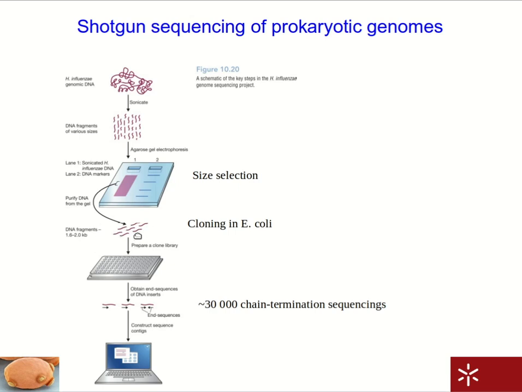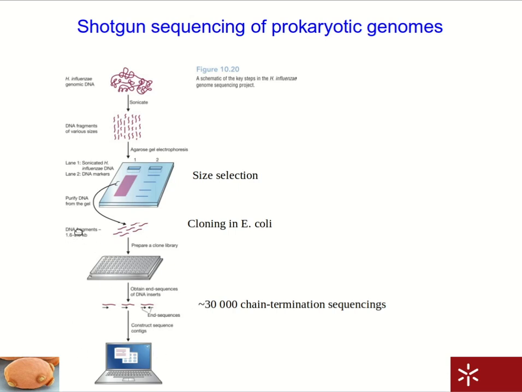And we clone these fragments in order to make a library in E. coli, and we organize this library into these culture plates. And we sequence each of these, in this case around 30,000 of these fragments.